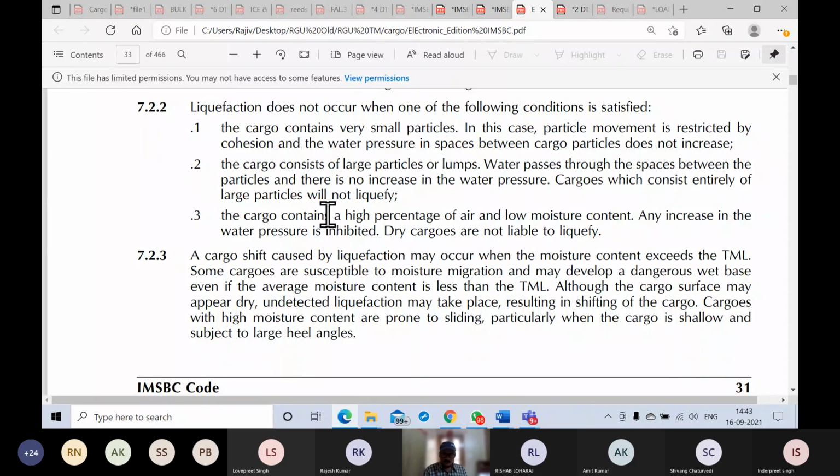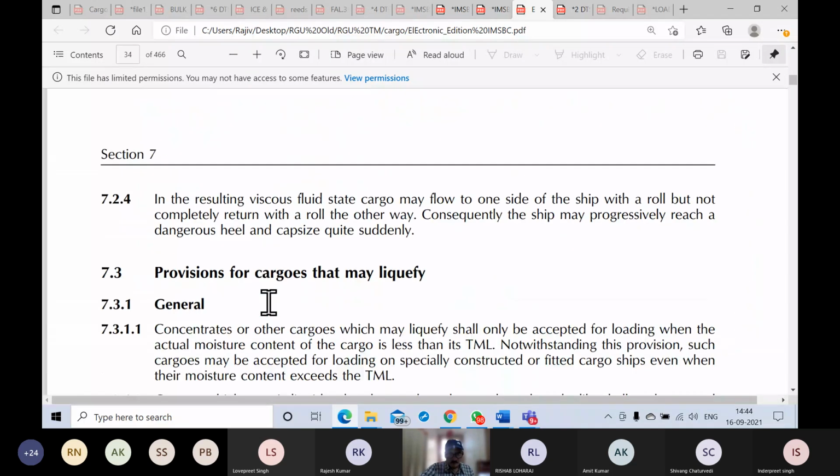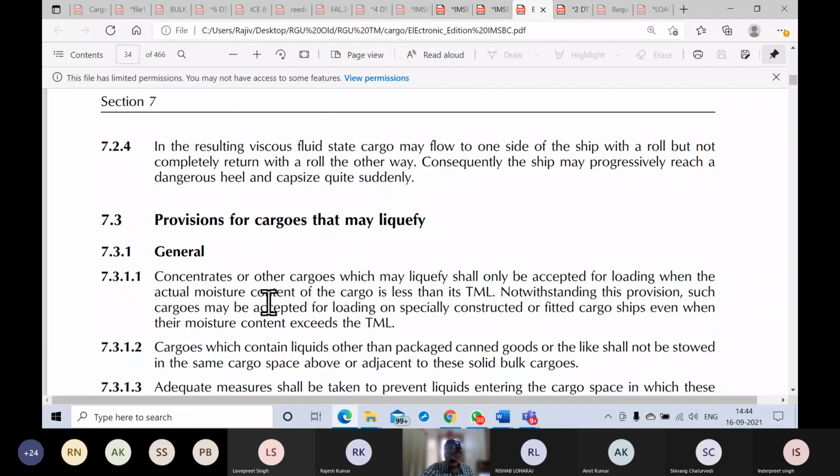Section 7, very important one: cargoes likely to liquefy. Because of the flow state, the cargo moves from one side to the other with a roll, and this can lead to capsizing of the vessel itself, which I said has happened off New Mangalore for a vessel which had loaded iron ore.